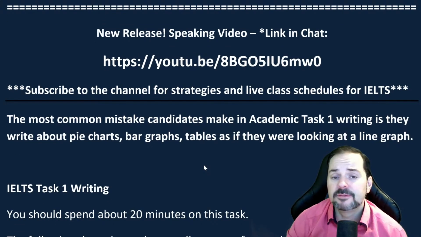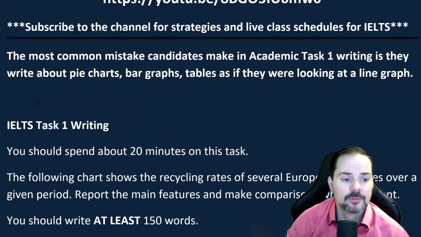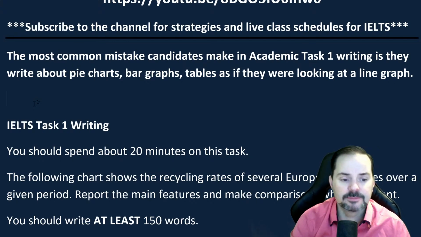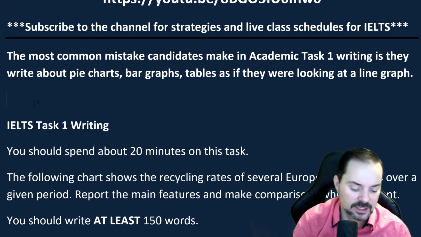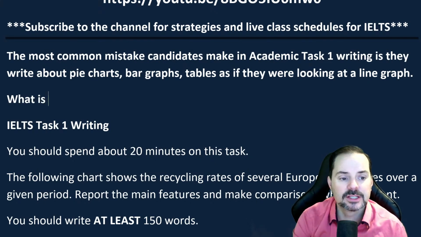So again, before you start writing your Task 1, make sure that you know what the Task 1 graph is for the academic and what the purpose is. So for line graphs, what is the purpose of a line graph? Before we look at this question, can anybody tell me what is the purpose, the utility of a line graph? Let me ask it this way.